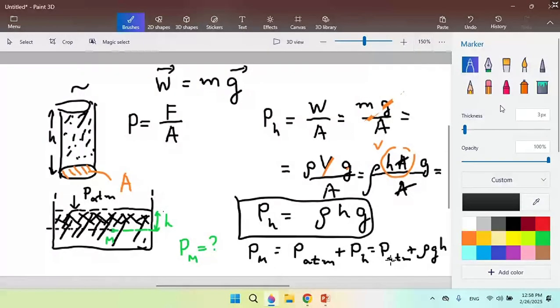So here, what is written? It is P atmospheric plus hydrostatic pressure, which is atmospheric plus rho G H.